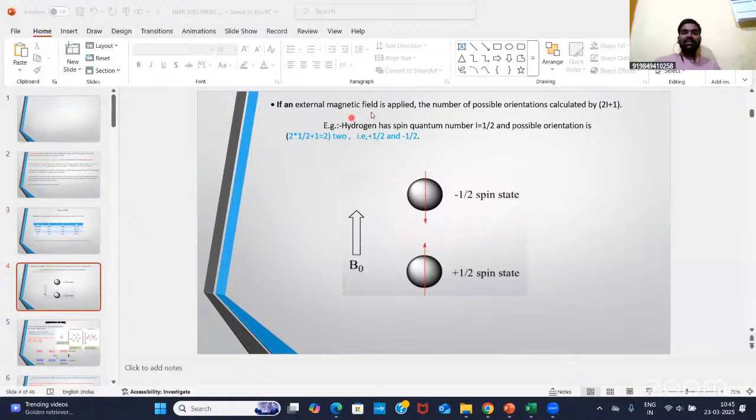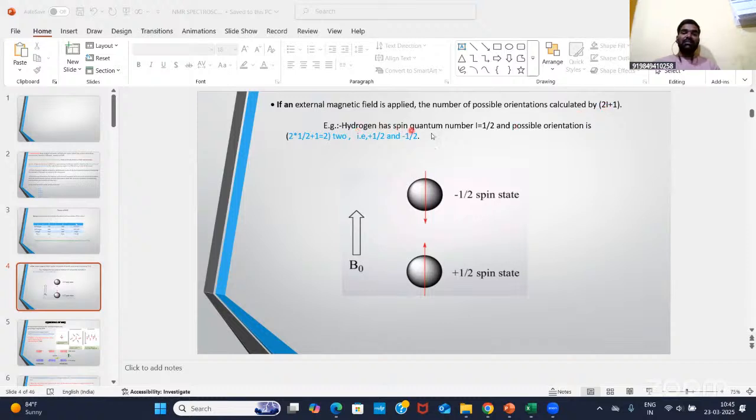If an external magnetic field is applied, the number of possible orientations is calculated by 2I plus 1. Whenever an external magnetic field is applied to those nuclei, the number of possible orientations can be calculated using the formula 2I plus 1, where I indicates the spin quantum number.